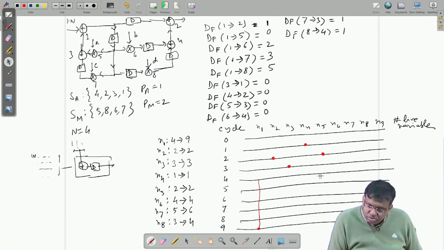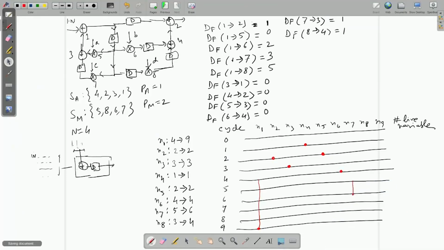N6, 4 to 4. N7, 5 to 6. N8, 3 to 4. There is no N9, I wrote wrongly, there is no N9.